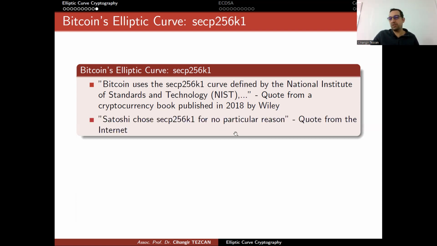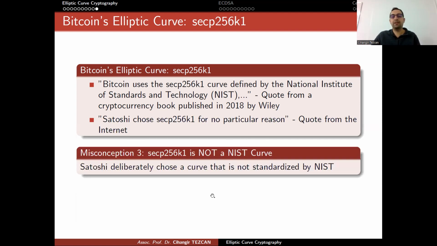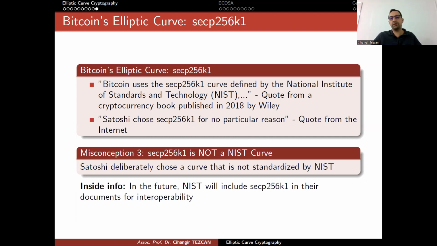If you just Google, you can find many blog posts saying that Satoshi chose this elliptic curve for no particular reason, but actually he deliberately chose a curve that is not standardized by NIST. But since this curve is used many times in cryptocurrencies and so on, NIST is now considering including it, maybe in an appendix of their next standard, so that people can use it for interoperability.